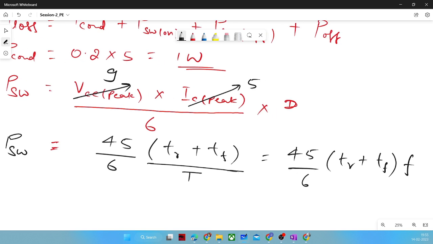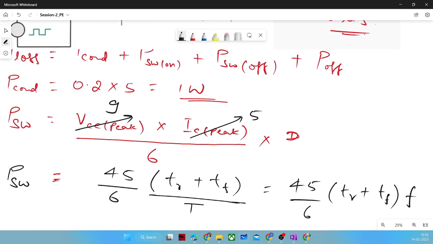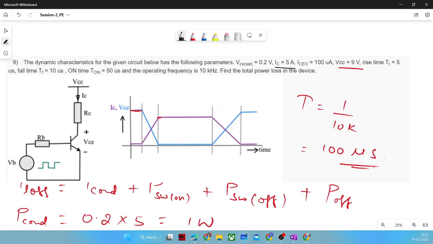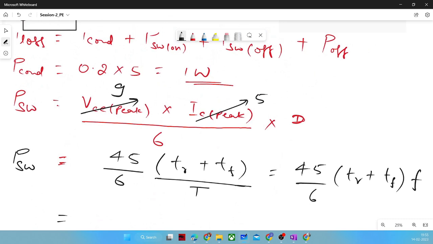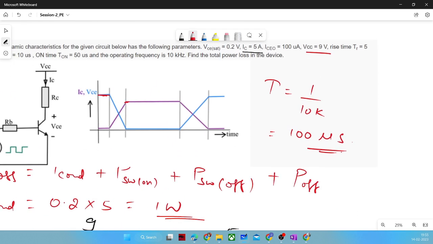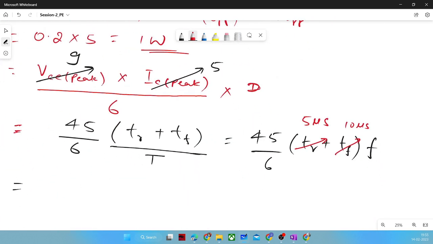At once we are computing both the values. Rise time is given, that is 5 microsecond, and fall time is 10 microseconds, and frequency is given as 10 kilohertz.